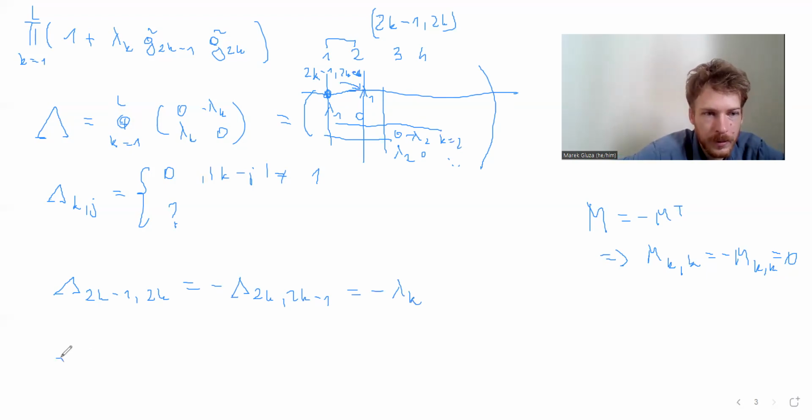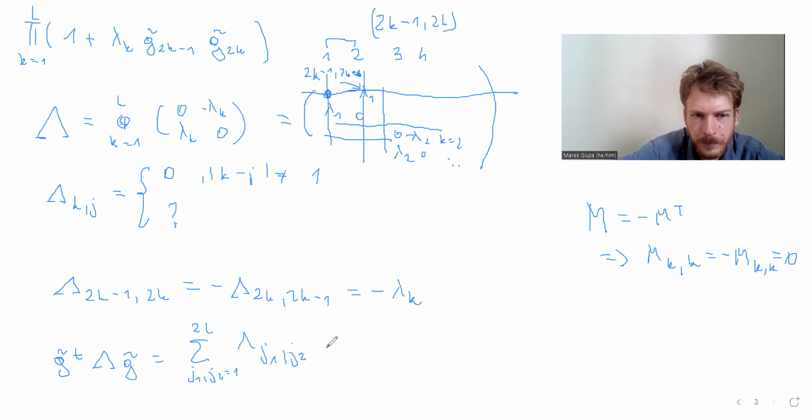So now if I consider the quadratic form, g tilde lambda g tilde, then what do I get? I get the summation over jk. Well, maybe let's do it consistent. J1, J2 from 1 until 2L, and then lambda J1, J2, g tilde J1 times g tilde J2.